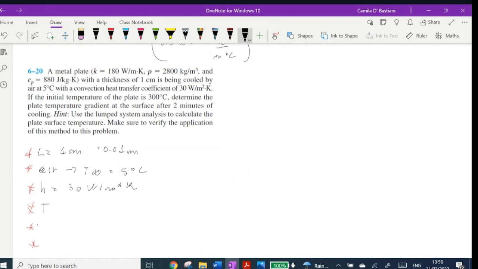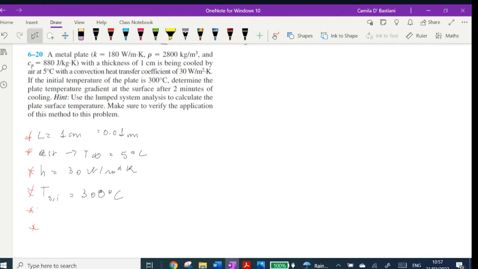If the initial temperature of the plate, the temperature of the surface in the beginning of the process, is 300 degrees Celsius, determine the plate temperature gradient at the surface after 2 minutes of cooling.